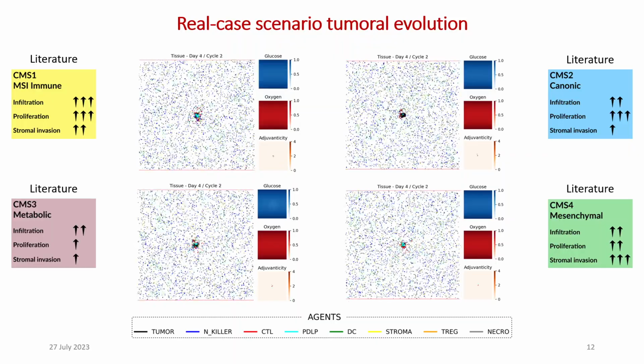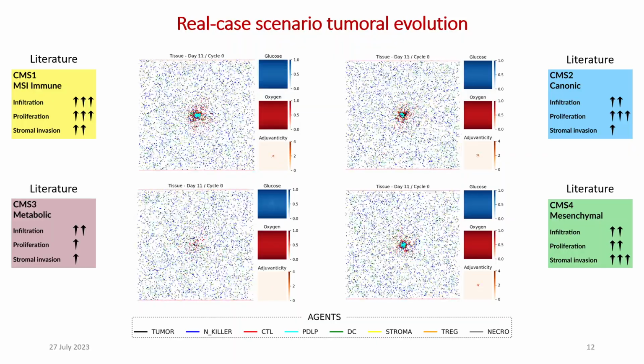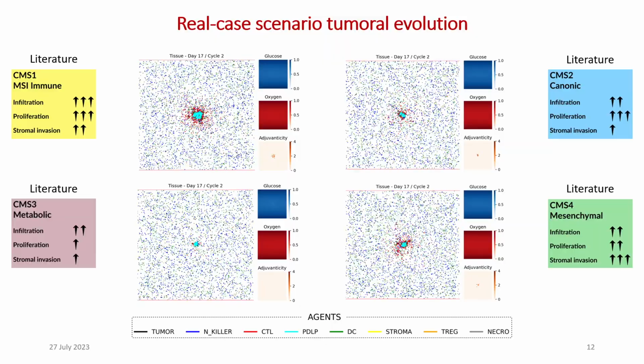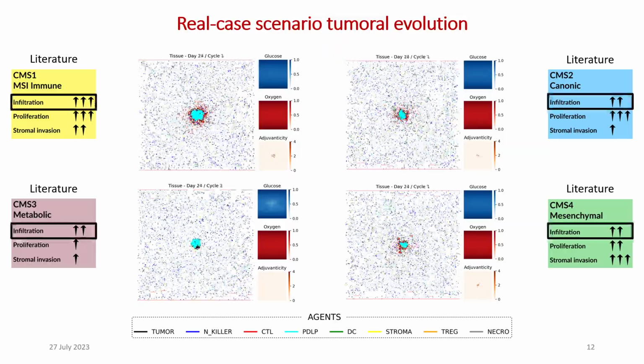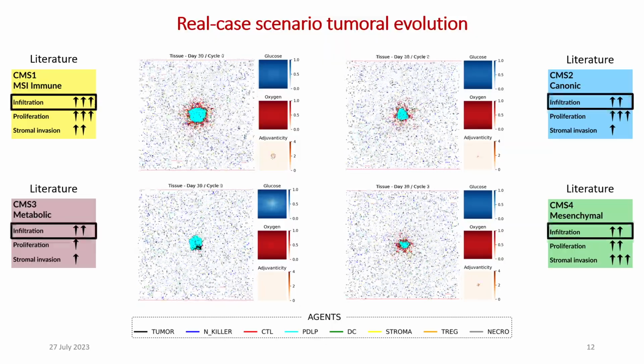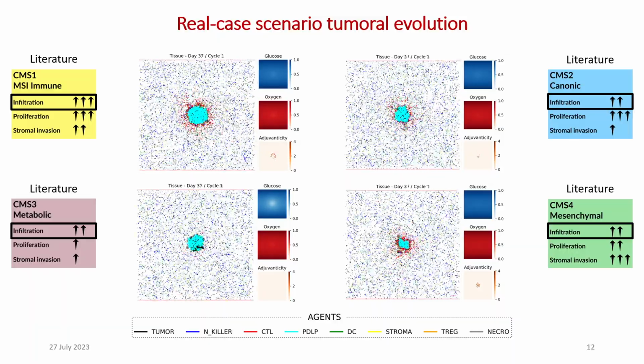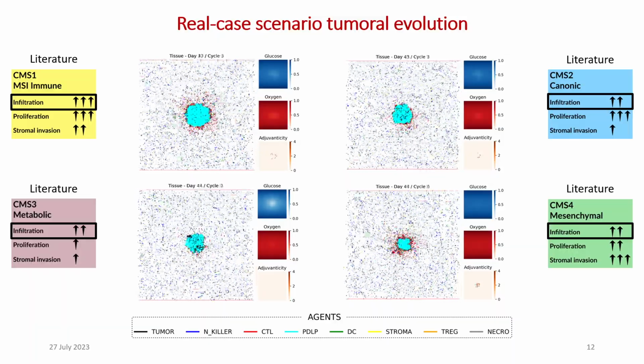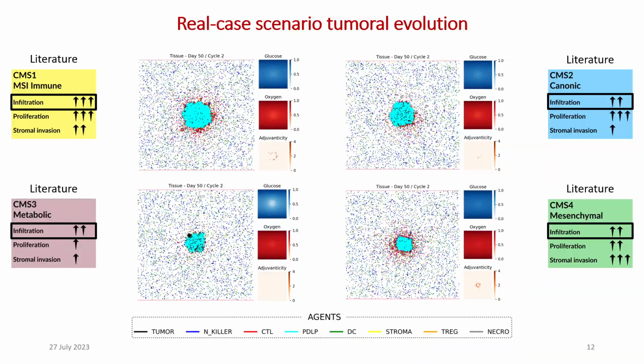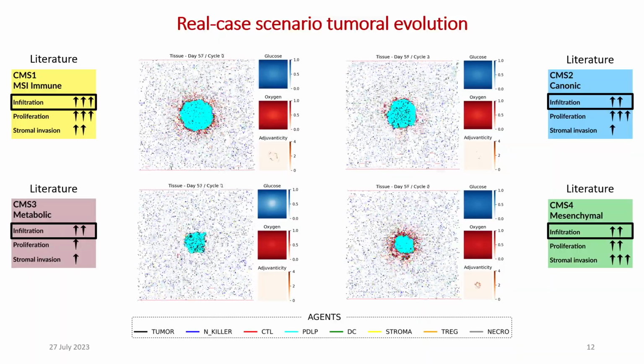In the real case scenario simulation, it is possible to observe clearly that CMS1 tends to be much more active from the immune point of view and much more infiltrated, as can be seen from the signaling molecule panel.